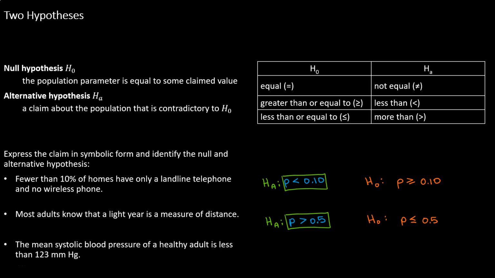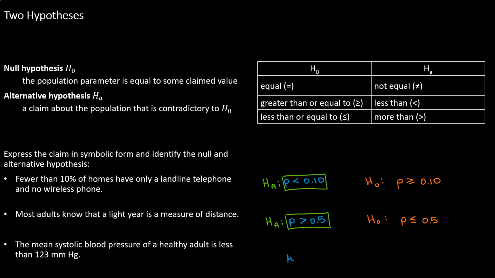Last one, the mean systolic blood pressure of a healthy adult is less than 123, and I don't know what mmHg means, so we're going to ignore that part. We're making a claim here about healthy adults and their blood pressure. And here we're talking about the mean systolic blood pressure. That's an average. This is a population mean, so we're talking about the parameter mu, and we're comparing it to the value 123.